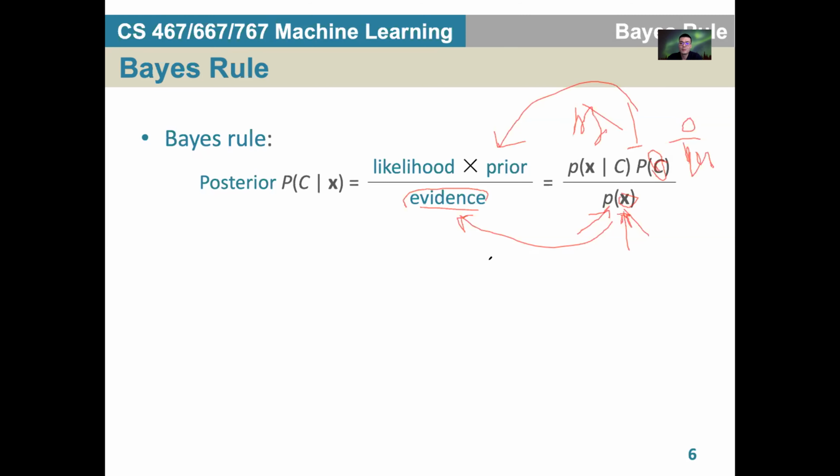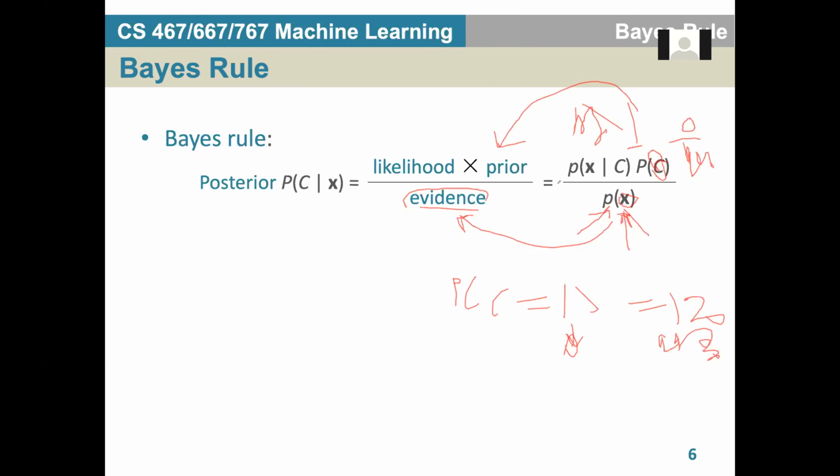This is called a prior. So P(C=1) is only 1%, P(C=0) is 99%.